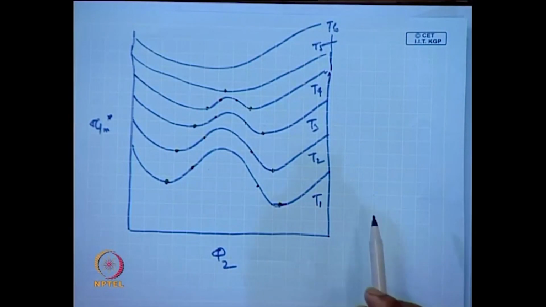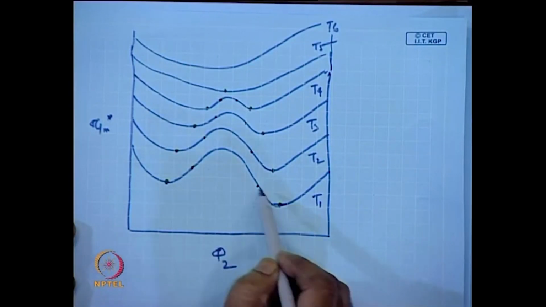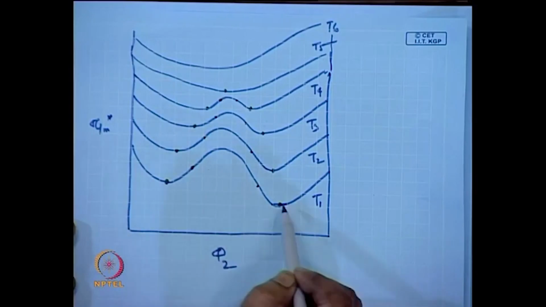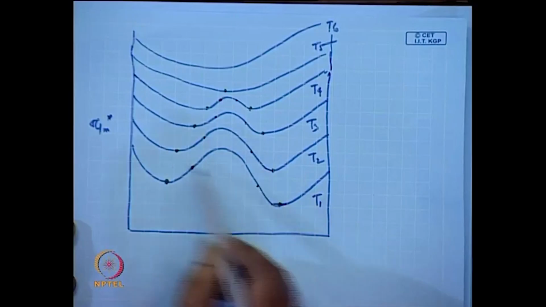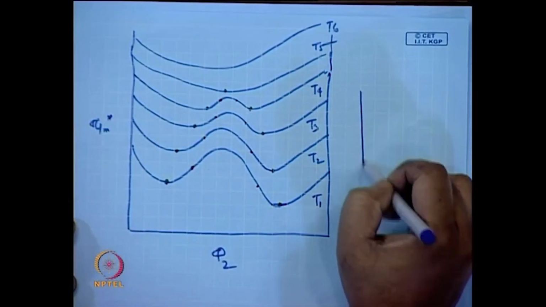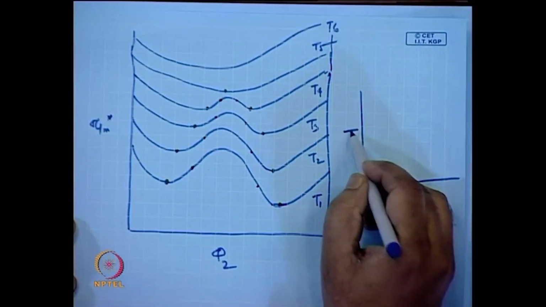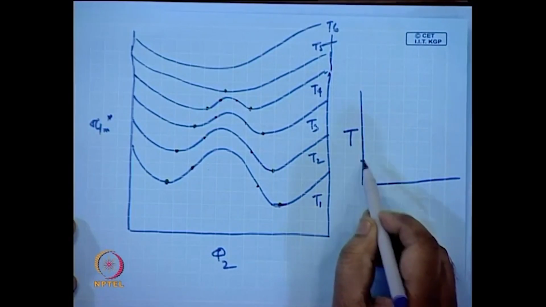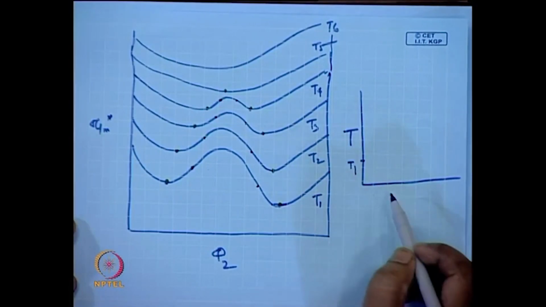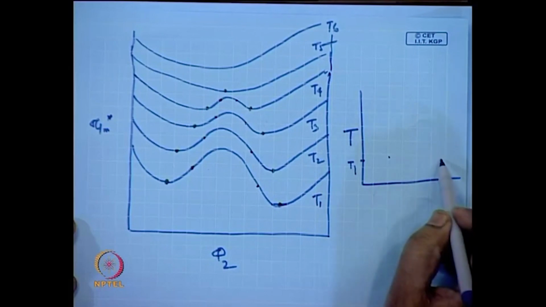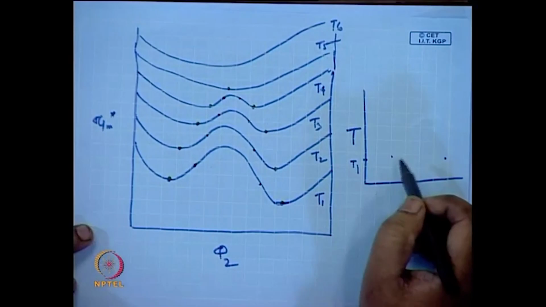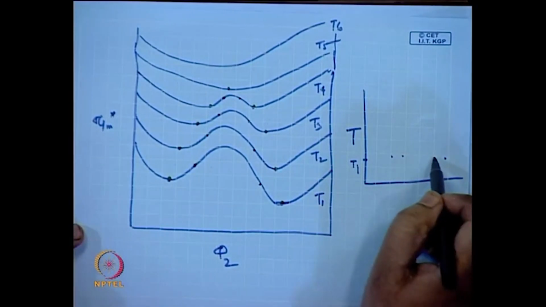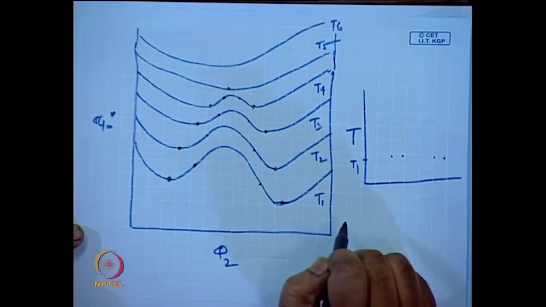Now, what we are going to do is plot these binodal and spinodal points with respect to temperature. So, if you have T, then at T1 you have two binodal points and two spinodal points.